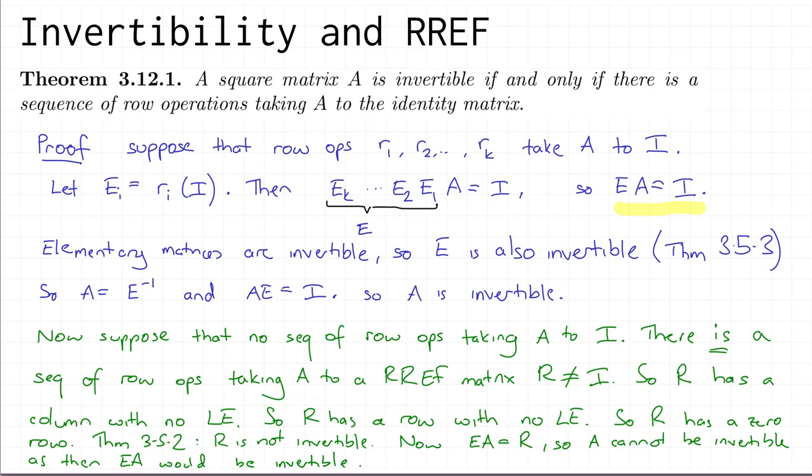Okay, there we go. So a square matrix is invertible if and only if there is a sequence of row ops taking it to the identity matrix. And that is our row-reduced echelon form criterion for the invertibility of a matrix.